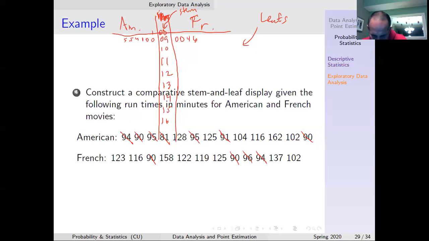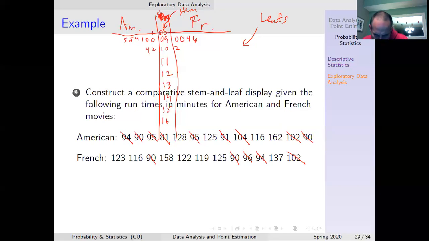What about things that start with 1, 0? On the American side, I see a 102 and a 104. What about on the French side? I see a 102. And I think that's probably it.